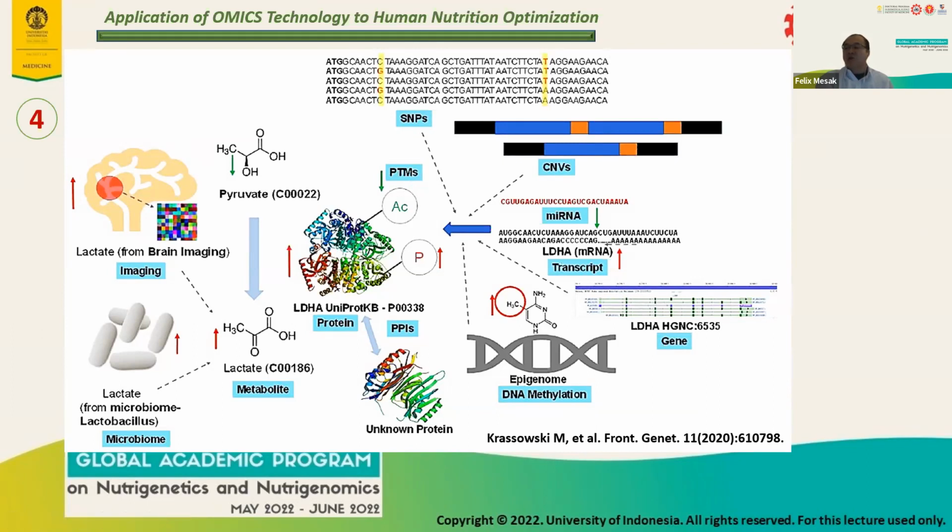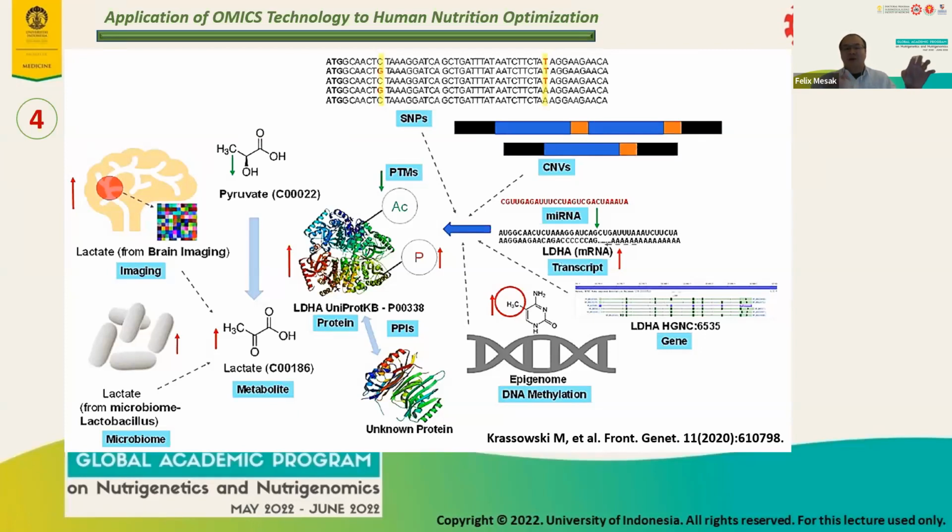So lactate measurement through techniques such as in vivo brain imaging in humans or other model animals can generate lactate spatial distributions. So this is an imaging. You can see the lactate spatial distributions in the image section of brains. So now the gut microbiome, via lactobacillus and other microbes, can synthesize lactate and release it into the human physiological system to contribute to lactate level.